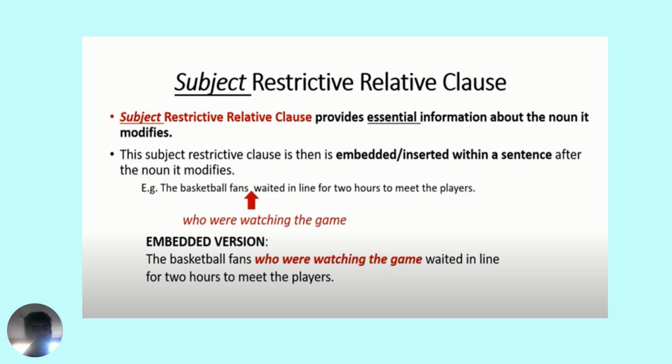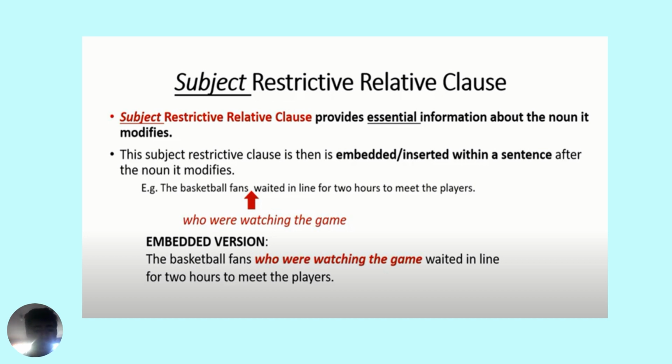Here I add essential information to the sentence and make a subject restrictive relative clause. So after I thought about it for a little bit, I came up with this: who were watching the game. So now we have this improved version.